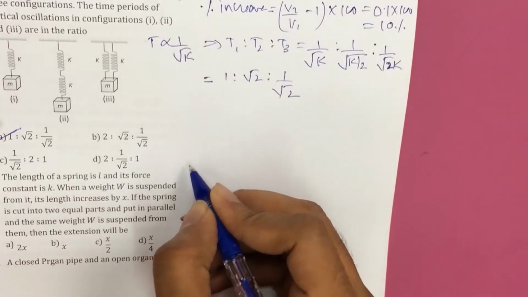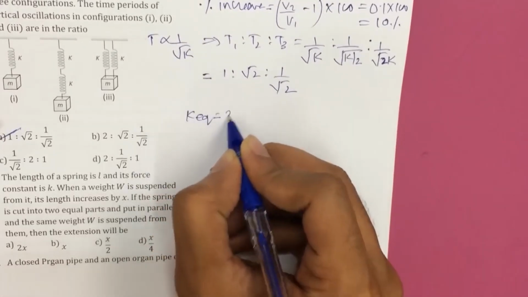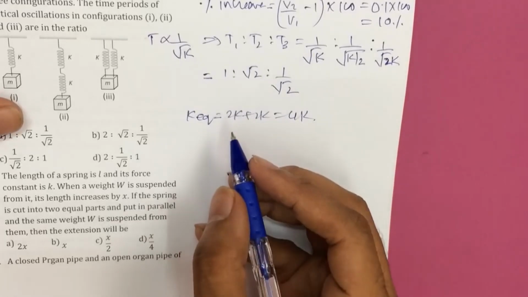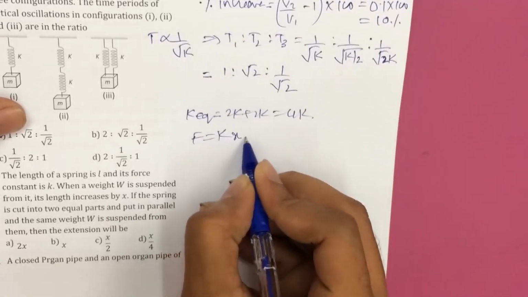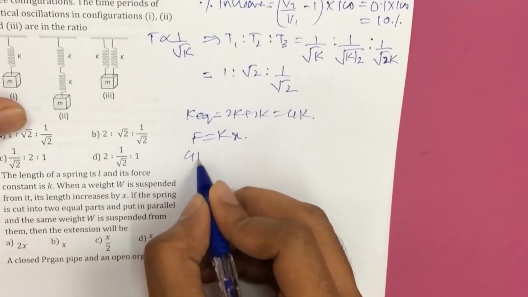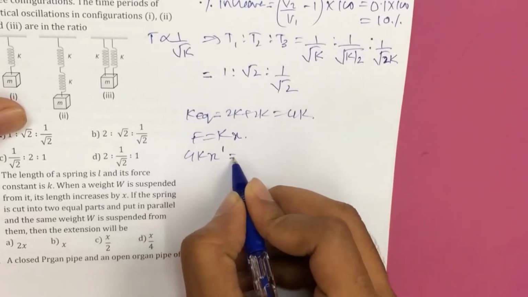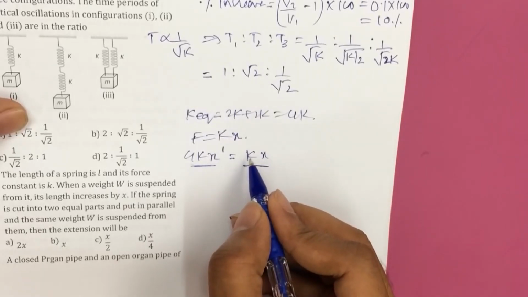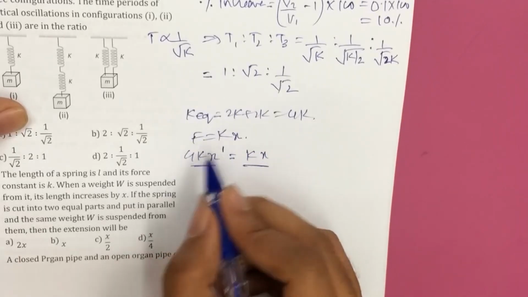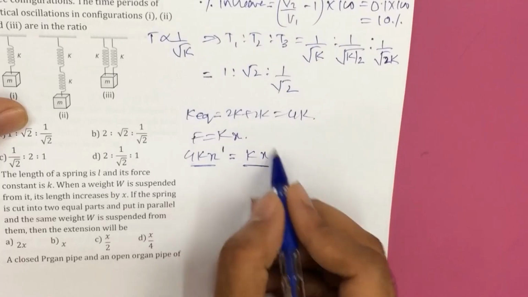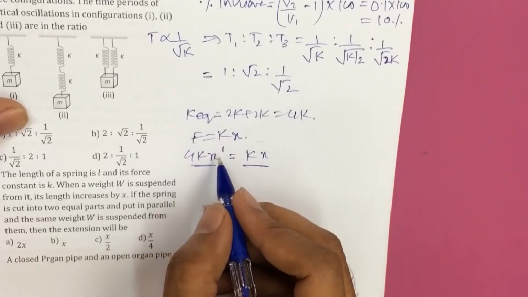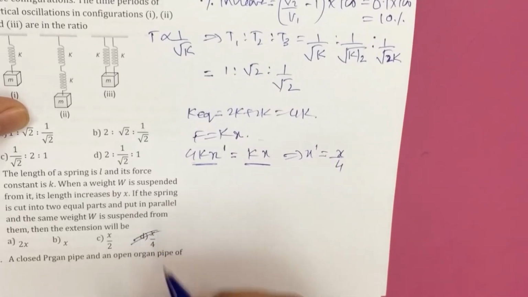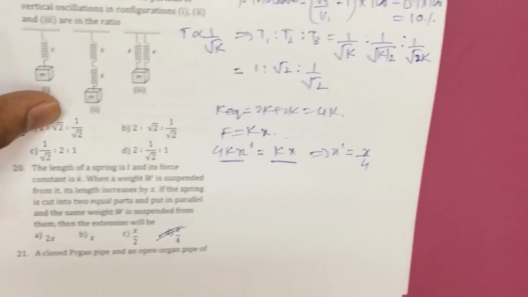So your equivalent K would be 2K plus 2K, that is 4K. So the extension force, which is given as Kx, would be 4K into X dash equals Kx. Why? Because force initially applied and finally applied is the same. It's just that the value of K has changed now. So initially it was Kx, now it is 4K X dash. So your X dash from here will be X by 4. So correct answer would be option D.